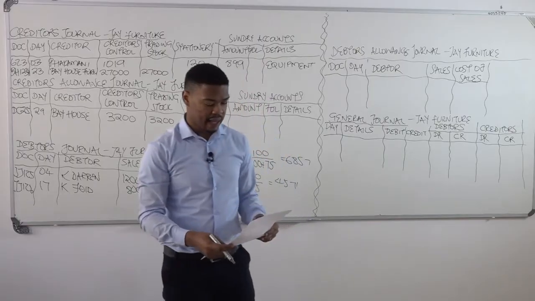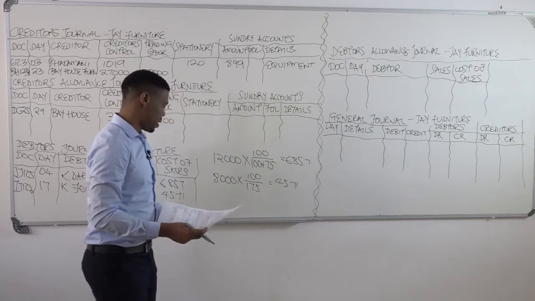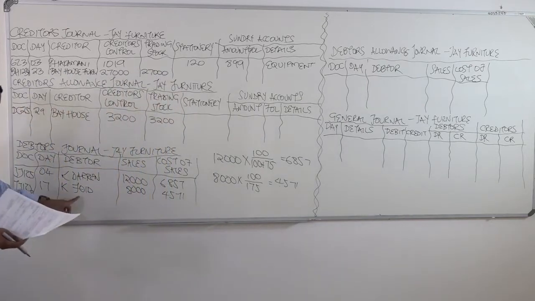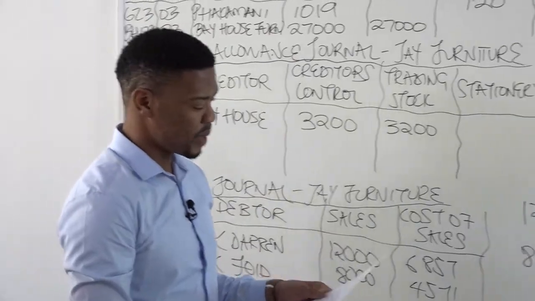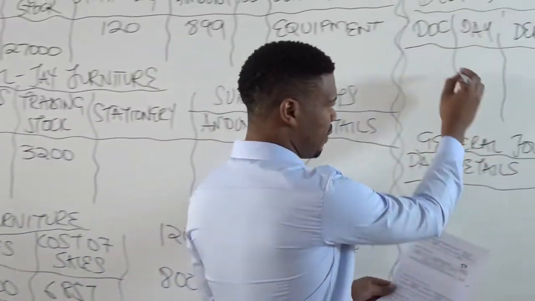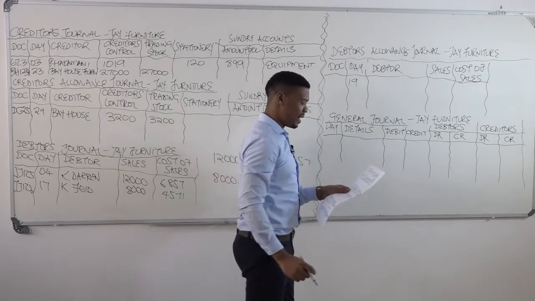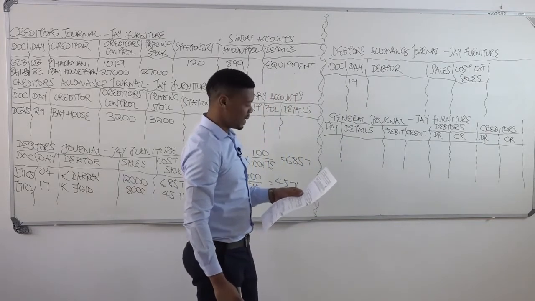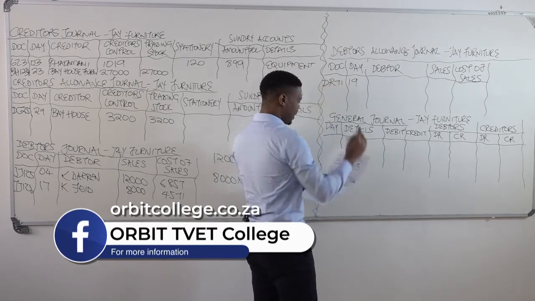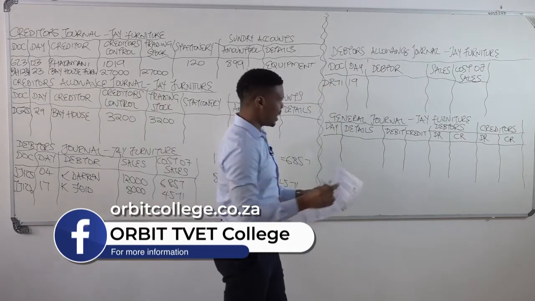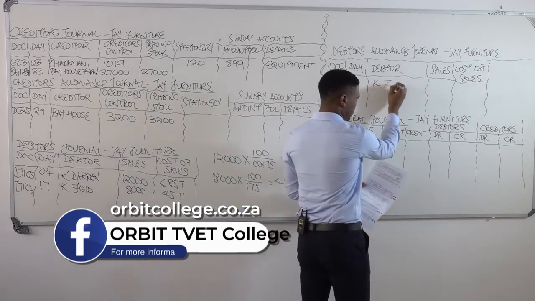So we gave K Zoid the wrong chair. K Zoid, if we remember correctly, is a customer that we sold to on the 17th. Now on the 19th, they have reported that we gave them the wrong chair. 19th, document number DR71. The debtor is K Zoid.